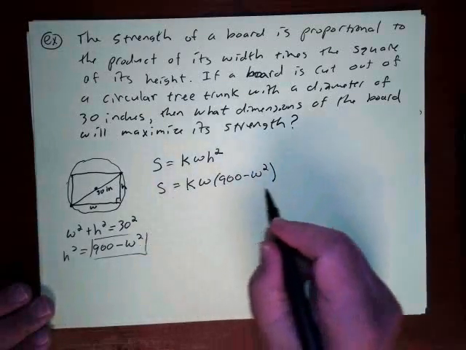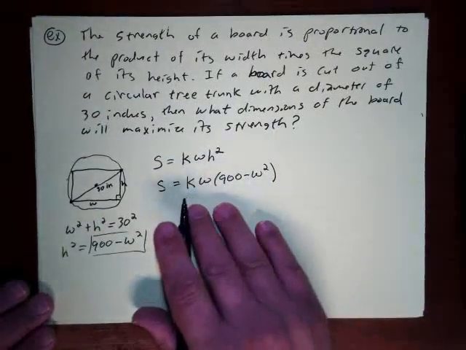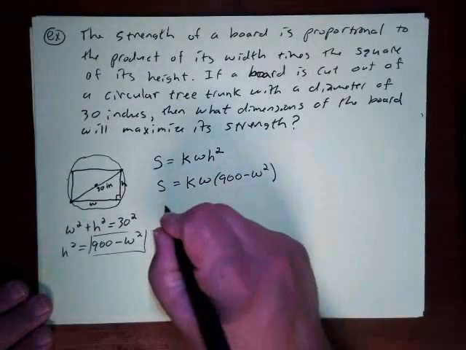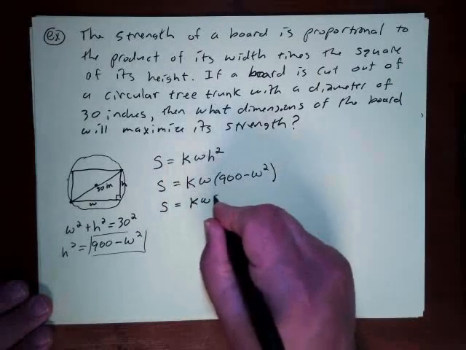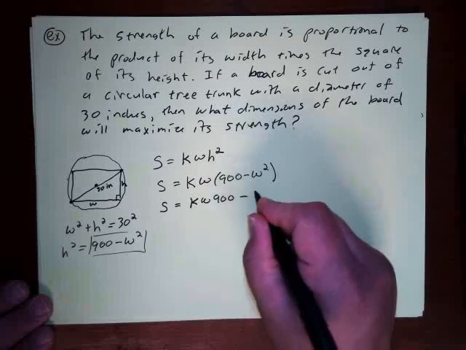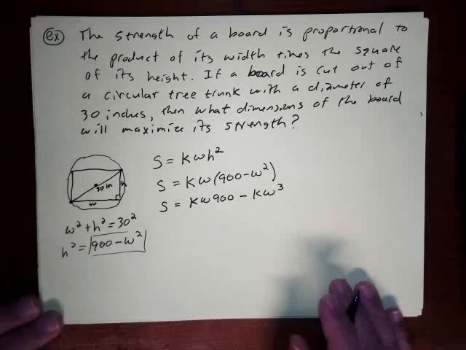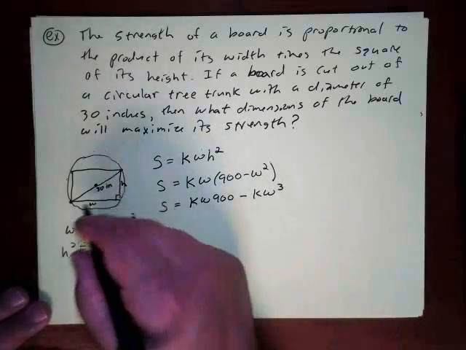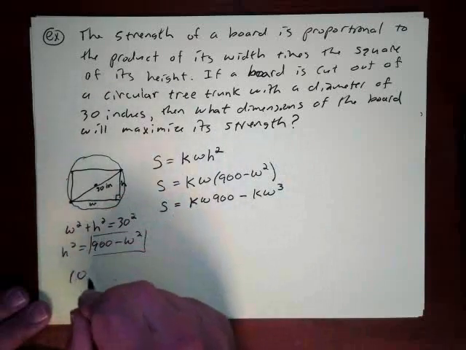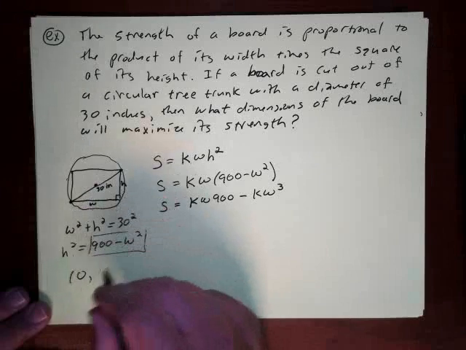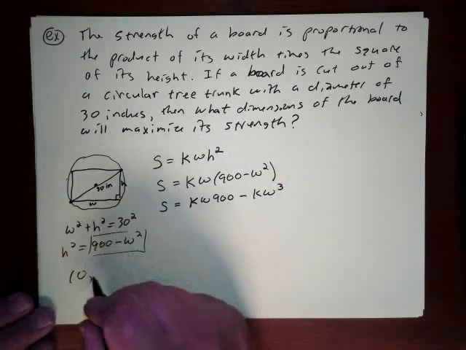Now I've got all of this in terms of W, and now I'm going to maximize this function. Let me simplify it. This would be 900kW minus kW cubed. Notice that the width can't be 0 or 30, because you wouldn't have any height.